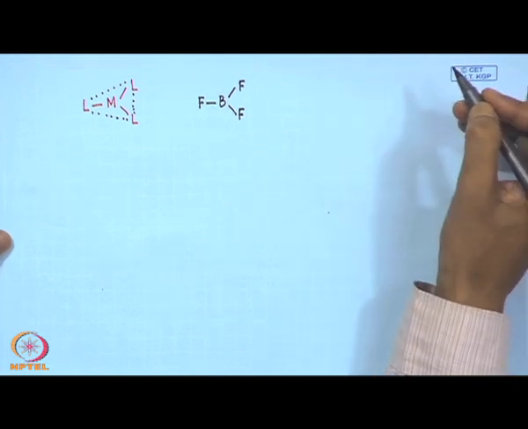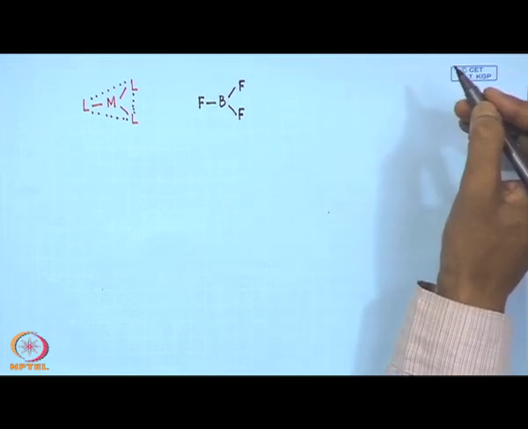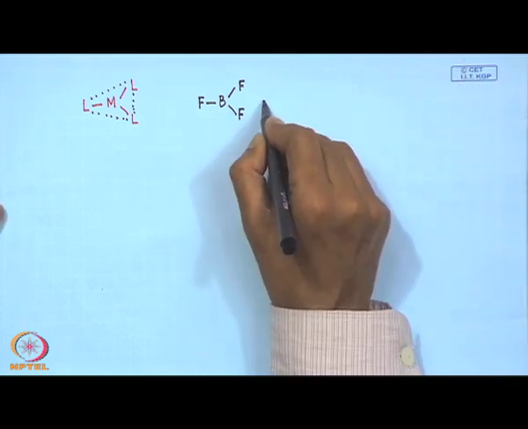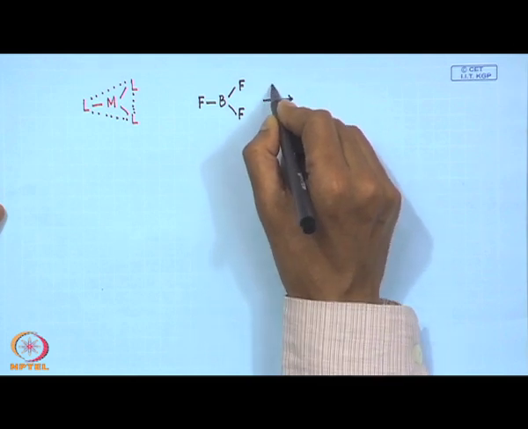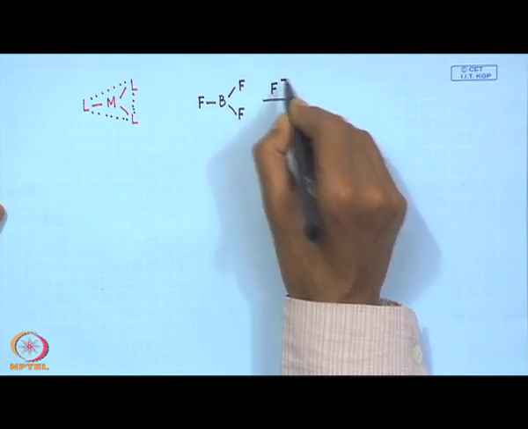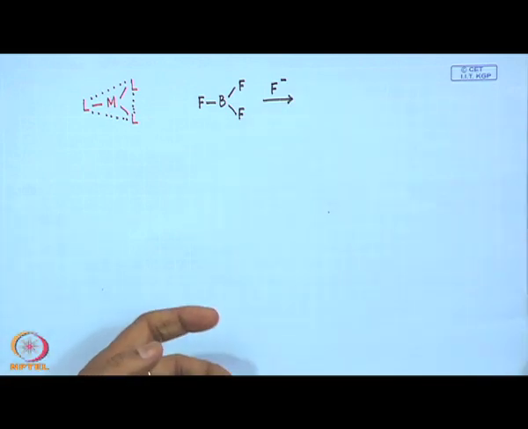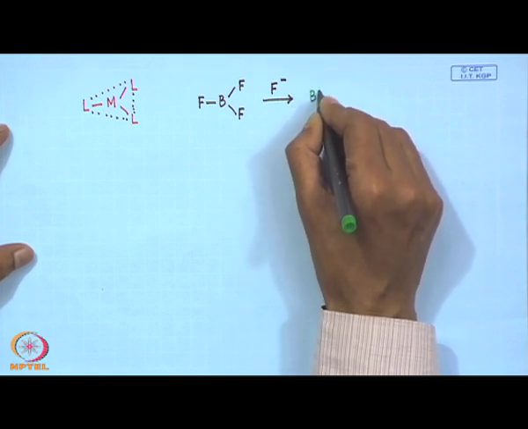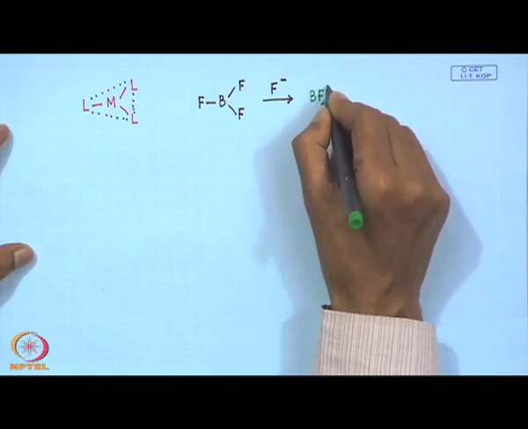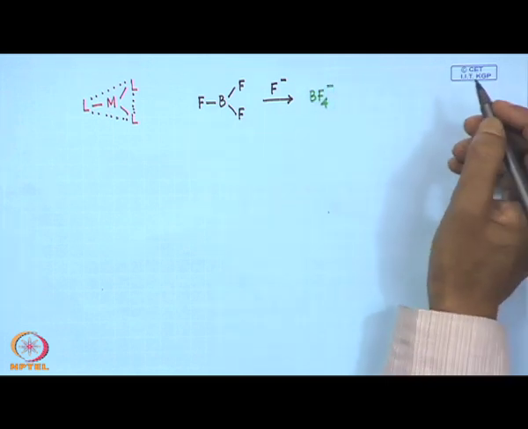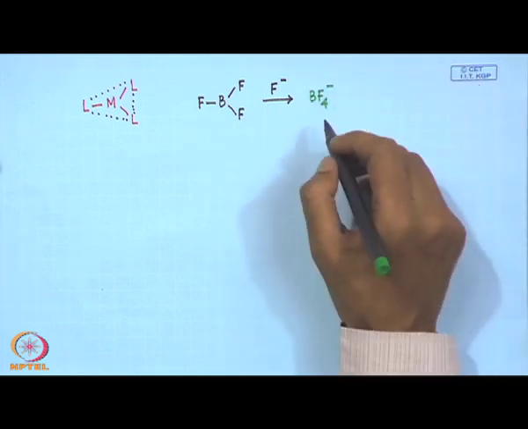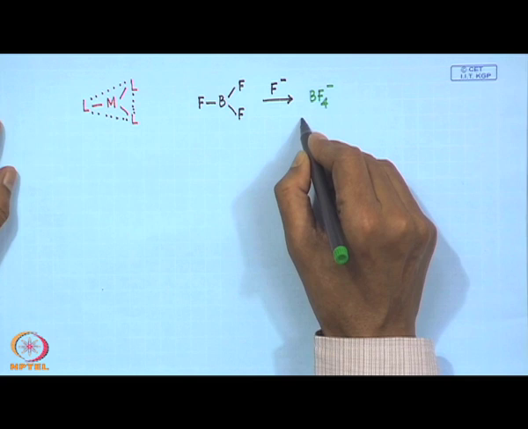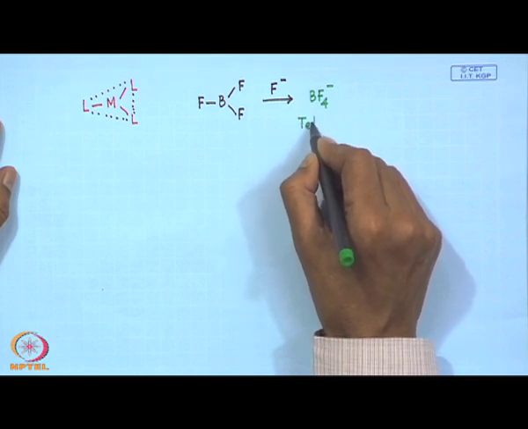So, boron is there, which is attaching to 3 fluorine atoms, giving rise to boron trifluoride, and we all know the corresponding structure, because this can react with another fluoride anion, giving rise to a different species, a well known anionic species which is present with so many metal complexes, the tetrafluoroborate anion.